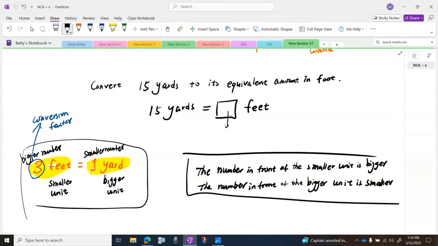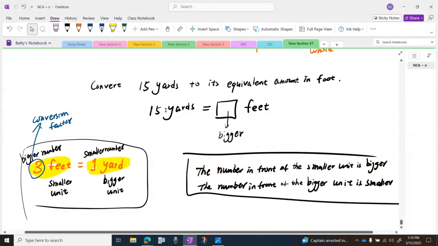On your scratch paper you should write down, I need a bigger number in front of foot than the number in front of yard. The number in front of yard is 15. We need a number bigger than 15 there.